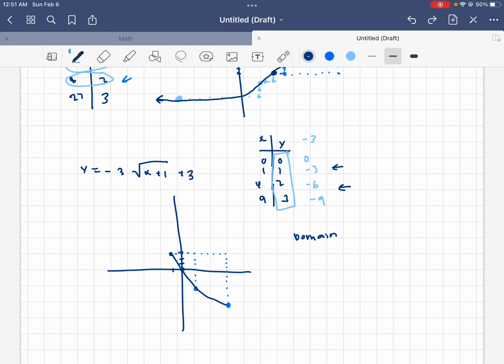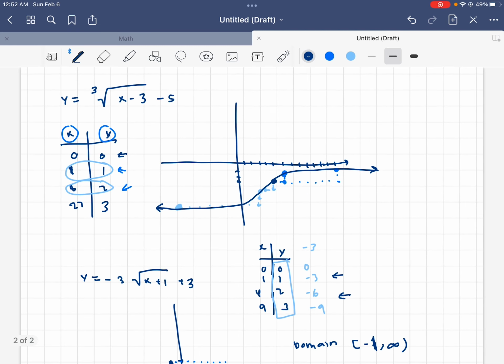Well, they go from -3 to infinity. Wait, hold on. That's not our domain. Our domain is -1 to infinity. Oh, right. So we end here, but our points are going to keep going. We're just not sure. Or we're just too lazy to keep going and make bigger numbers.